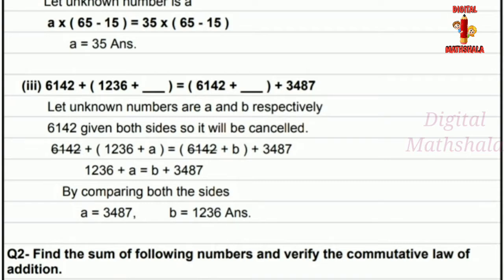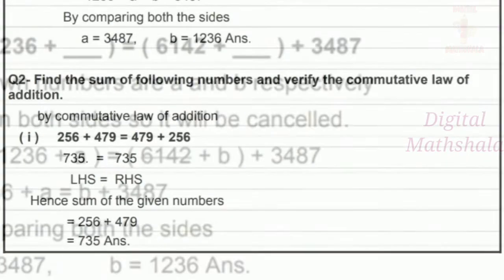So after comparing we get that A will be equal to 3487 and B will be equal to 1236. Then after adding they will give equal answers. I hope you understand this. Now we will move to the next question.